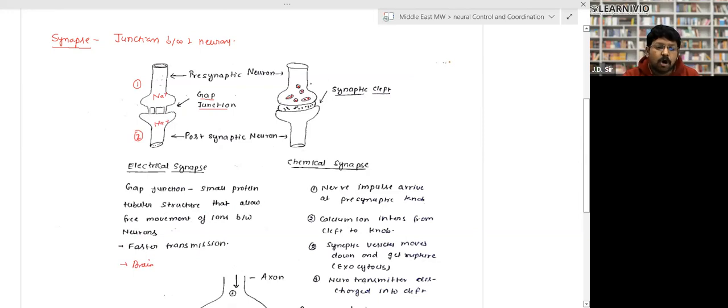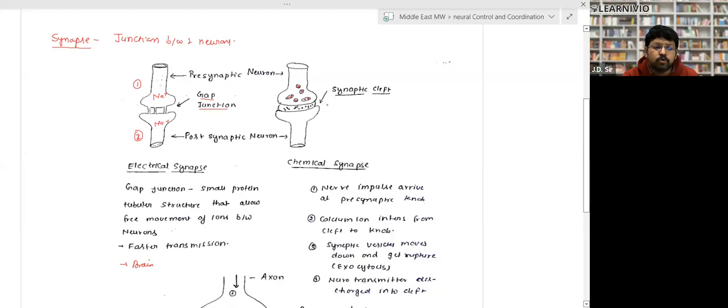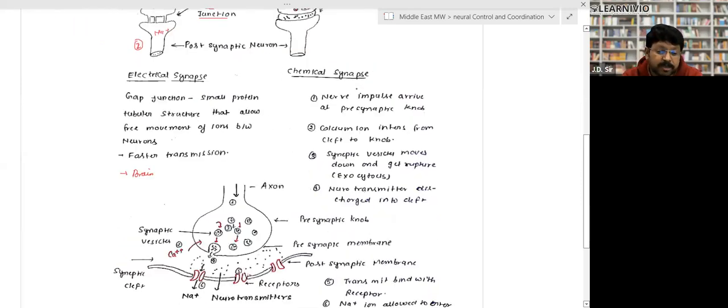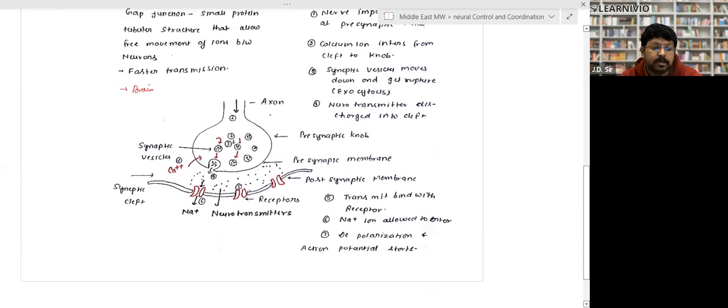Another is called chemical synapse. In chemical synapse, the junction between the two is called synaptic cleft. So the junction between the two electrical synapses is called gap junction, and the junction between the two chemical synapses is called synaptic cleft. How does it take place? First, I will try to tell you with the help of this diagram.